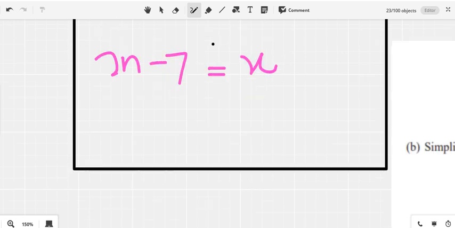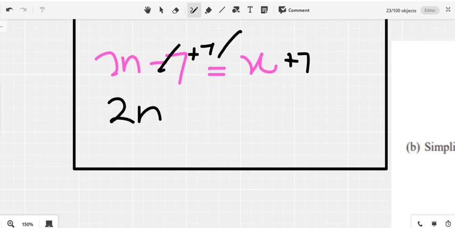We have to rearrange this equation. We have to solve for n. So 7 is subtracting, we will add the 7 on both sides. 2n, this one cancels out, equals to x plus 7, and we have to find out n, so we'll divide both sides by 2.